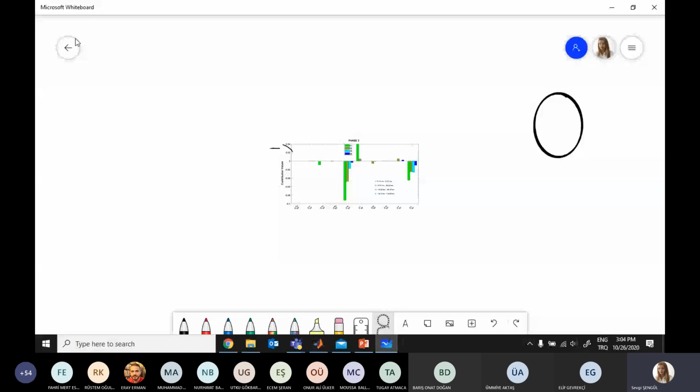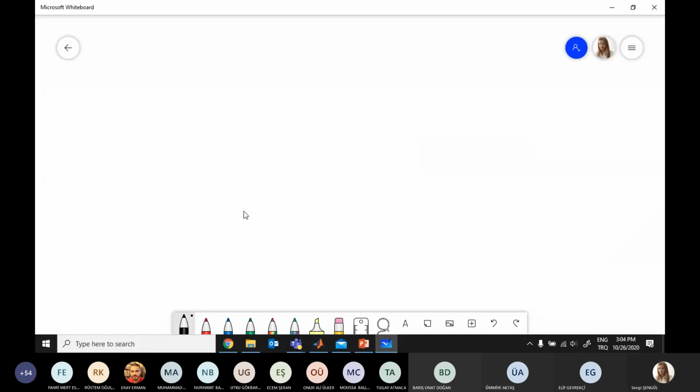So as I told you last week, we talked about how we can find the roots. Why does this not work? Okay, here you go, it's working now.